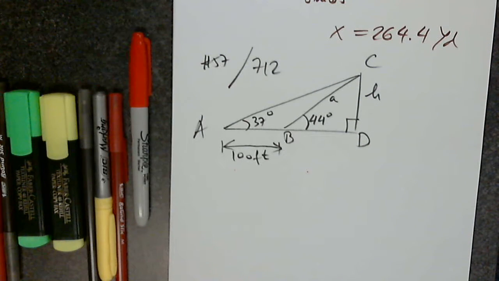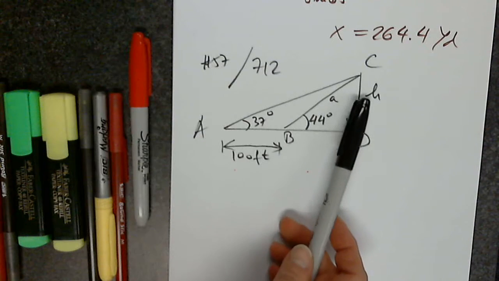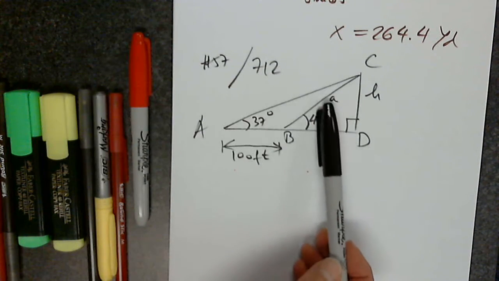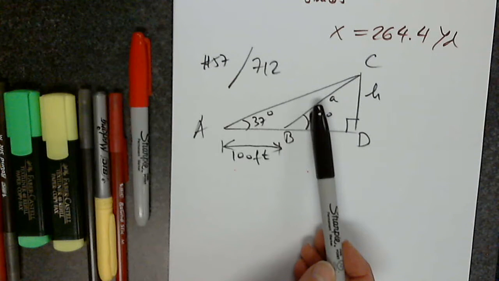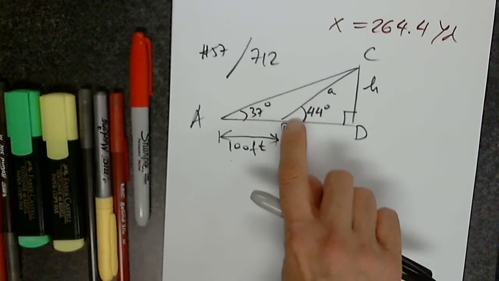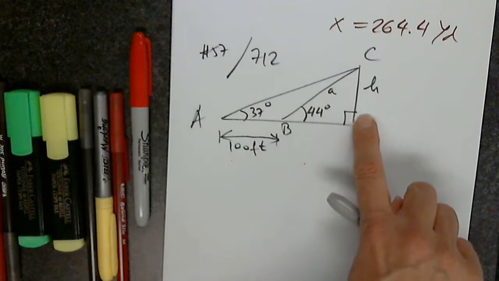Redwood trees in California's Redwood National Park are hundreds of feet tall. The height of one of these trees is represented by h. Use the measurement shown to find A to the nearest tenth of a foot, and use the right triangle shown to find the height to the nearest tenth of a foot of a typical redwood tree. So first they're asking us to find A, and then they're asking us to find h.